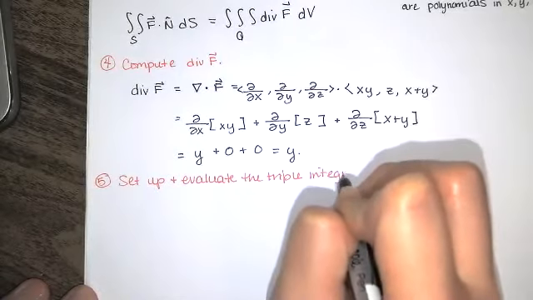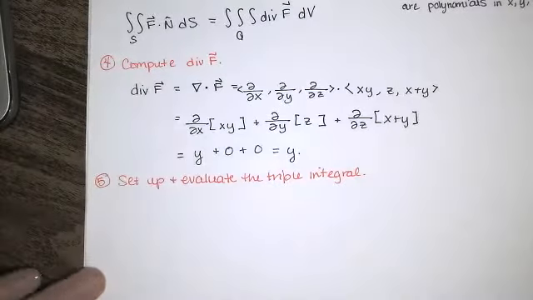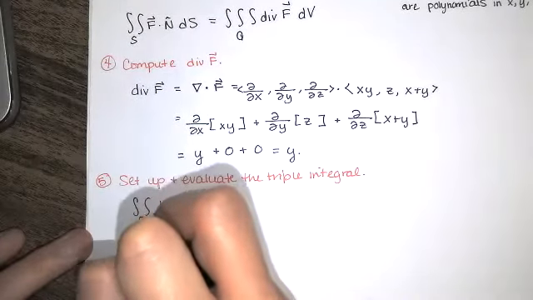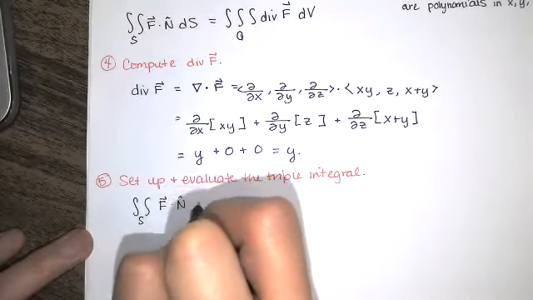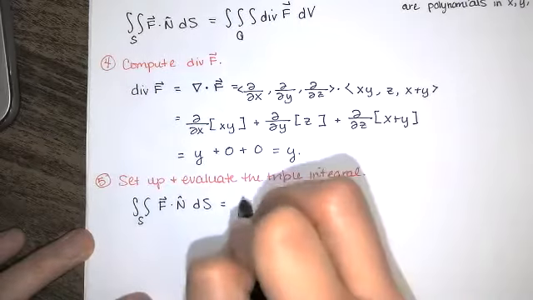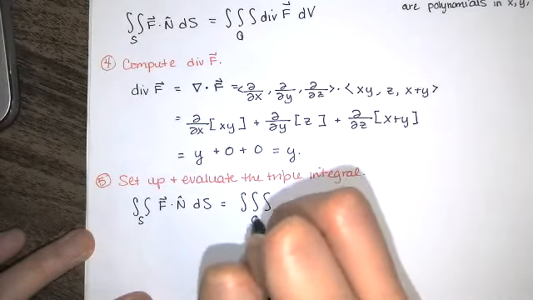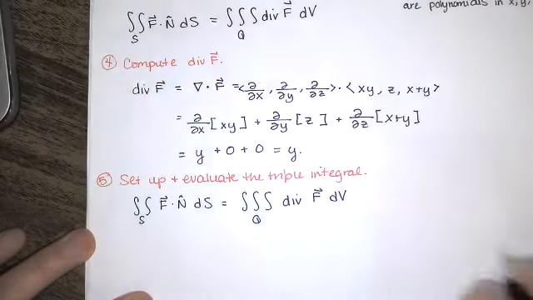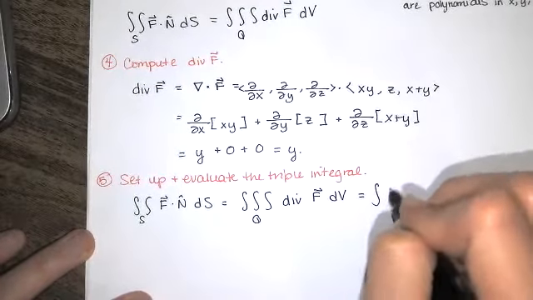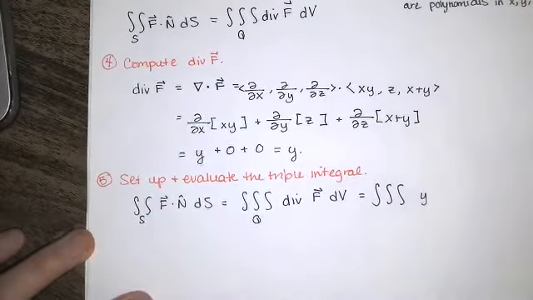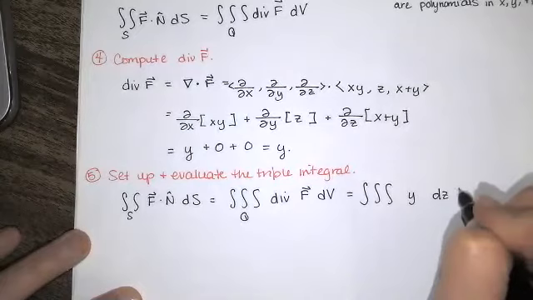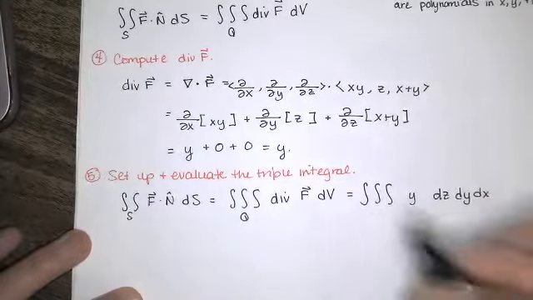And then, of course, we can interpret what we get. So we have the double integral over the surface of this triple integral over Q of the divergence of F. The divergence just happens to be y, and we'll integrate with respect to z first, and then x, and then y.